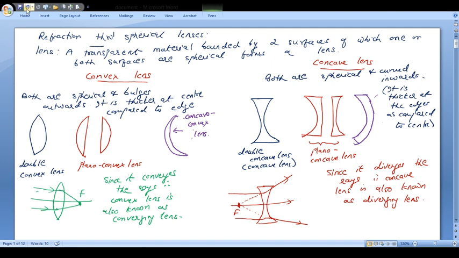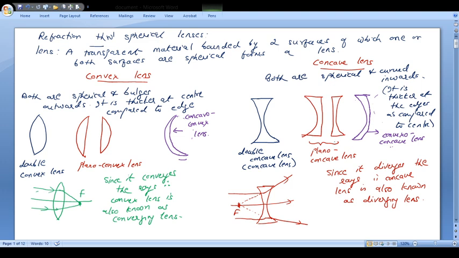So here you can have a figure something like this. This is thinner at the center and this lens is a convexo-concave lens. So this is bulged inwards, this is bulged outwards. One part is convex and another part is concave. This part shown in purple is not there in your textbook, but I hope you can always understand this.